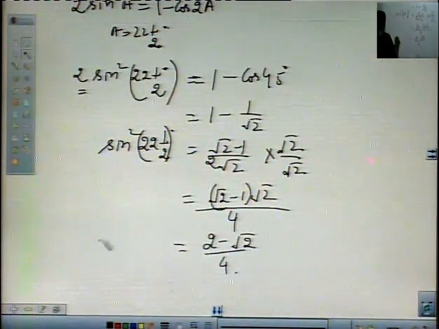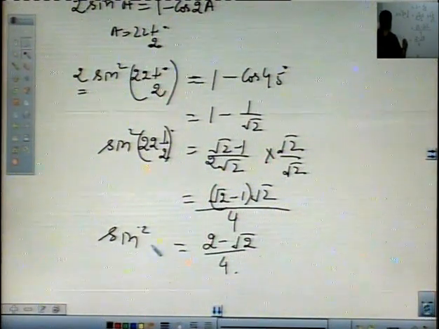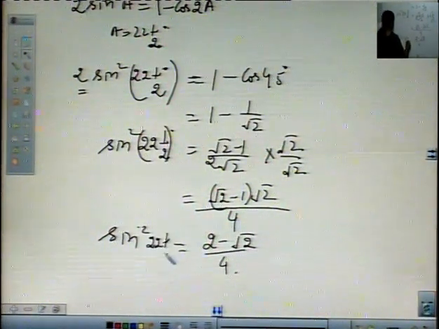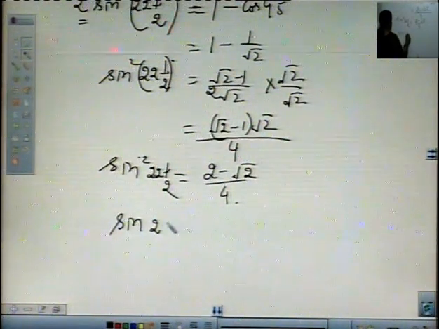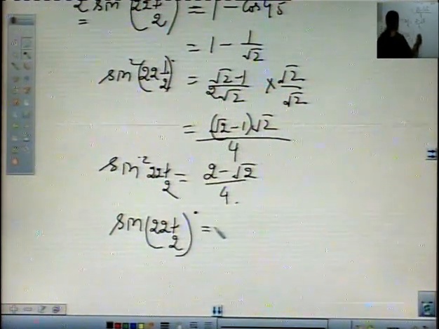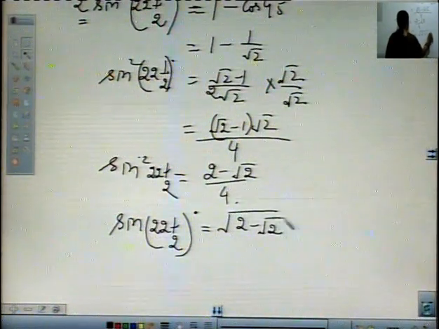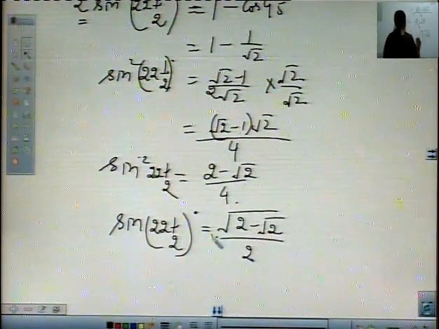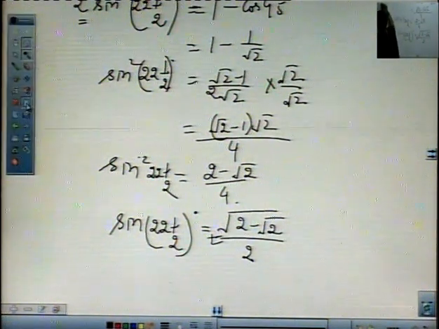This is sin square 22 and a half, and now sin 22 and a half is equal to plus minus under root of root 2 minus 1 upon 2.